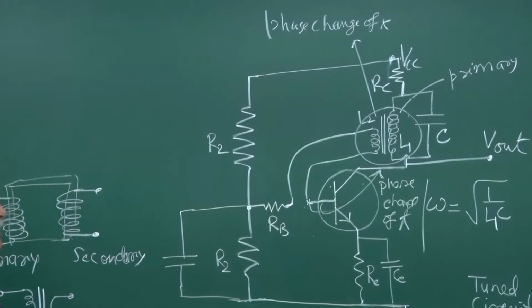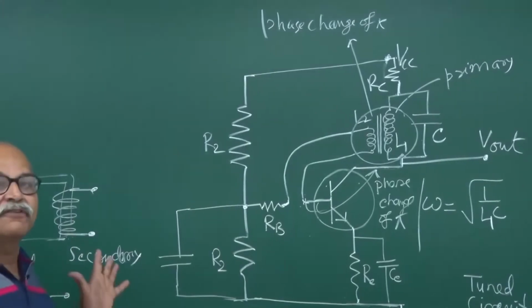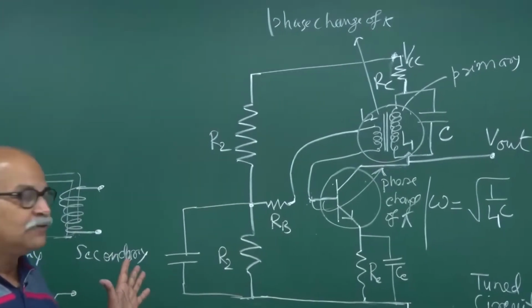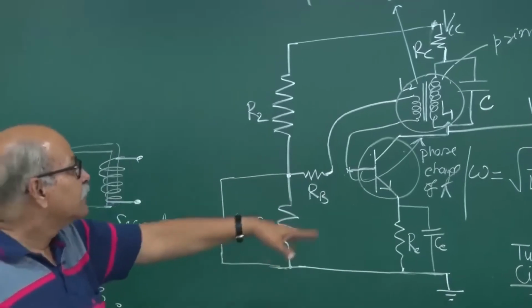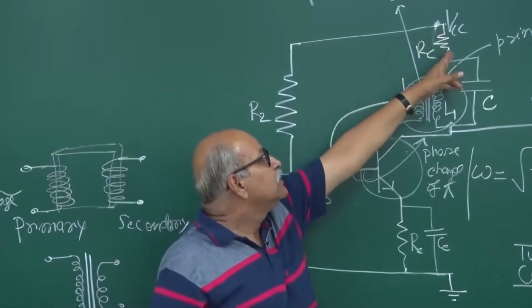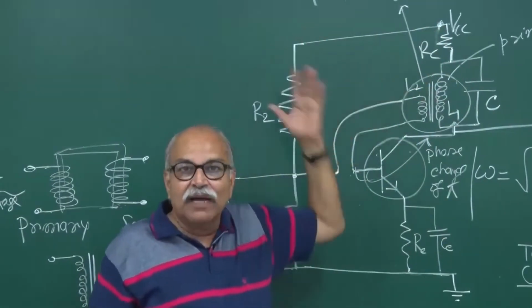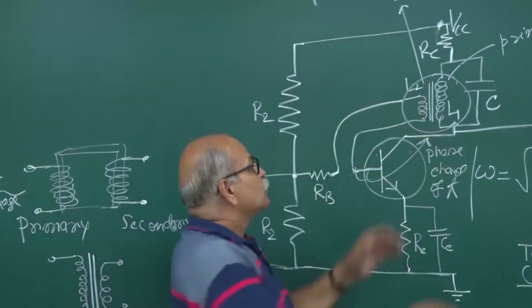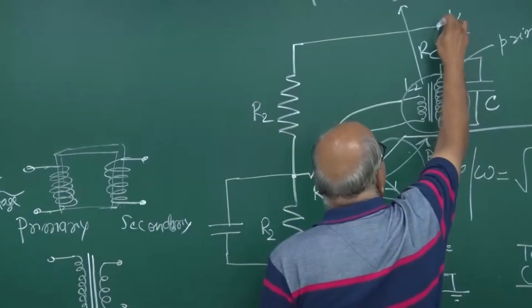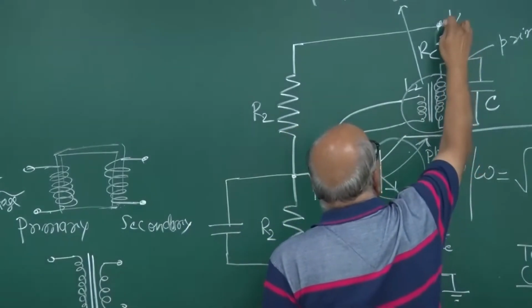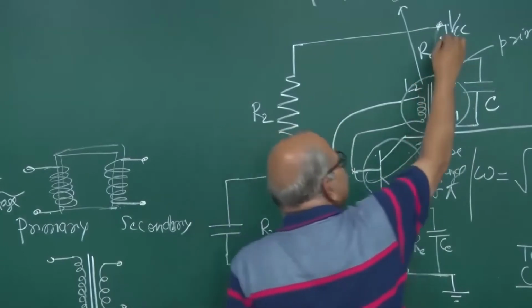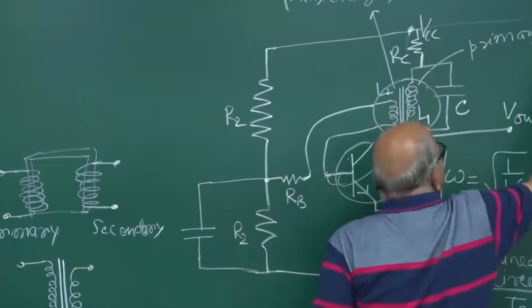So when the circuit is put on for the first time, wherever you have a switch, you can have a switch here. Initially there is no VCC, so that means there is no biasing anywhere. If I put a switch here and this VCC is open, that means this VCC means you have a battery out here.